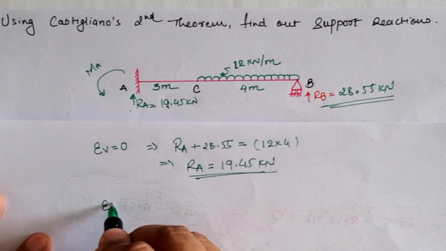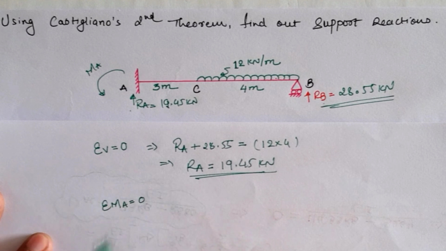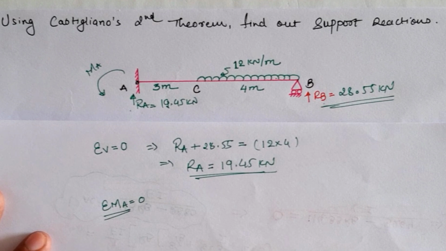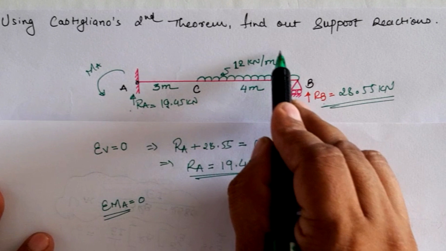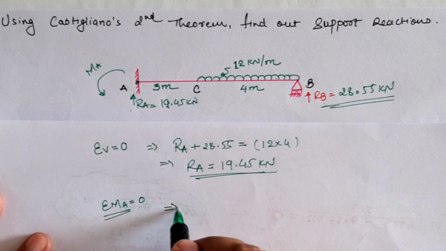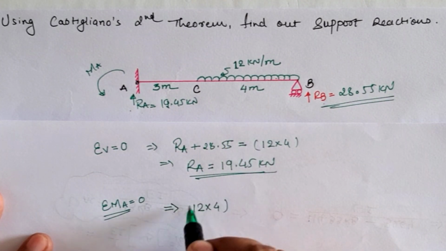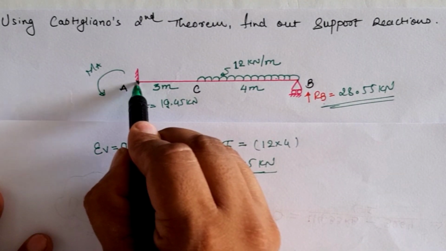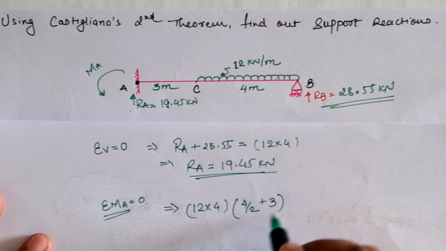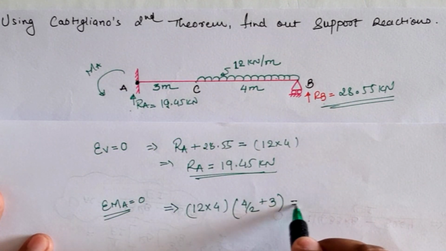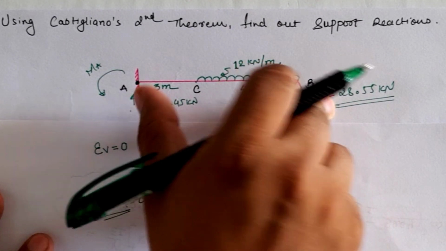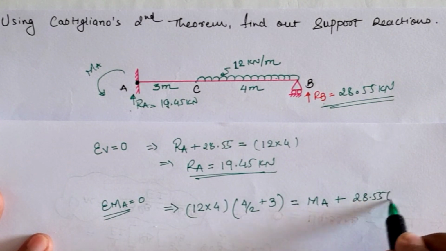Now going ahead for the equilibrium condition, sigma moment at any location equal to 0, and if we assume the sigma moment at A equal to 0 and treat anticlockwise moment as equal to clockwise moment, we will have the clockwise moment due to the 12 kilonewton per meter UDL, which is load into distance into CG distance as 4/2, but we have to take the moment at location A, so plus 3, so 4/2 plus 3, which is clockwise, and anticlockwise moment is MA, so equal to MA plus RB into total distance, which is 28.55 into 7.